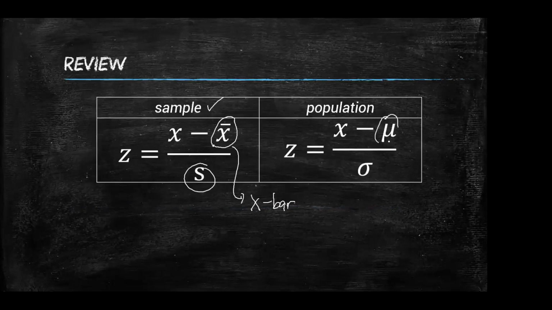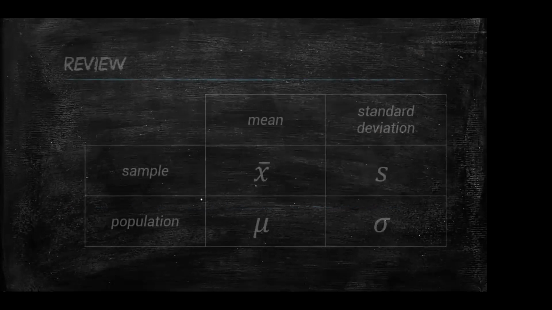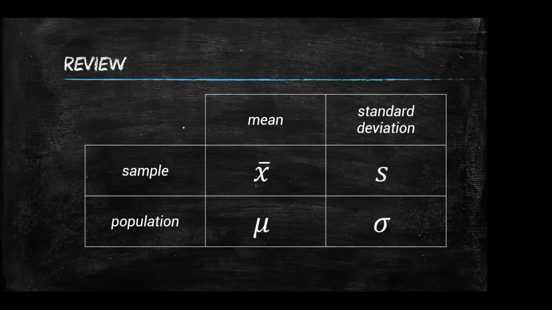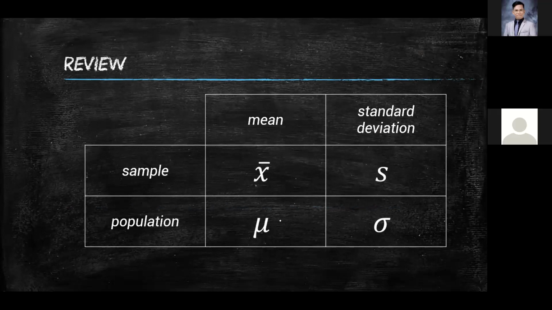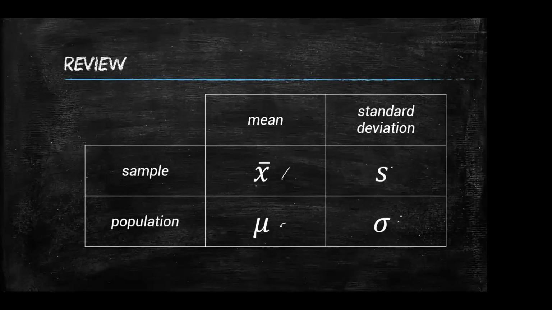Kung this is our mean and this is our standard deviation, similar lang din siya dun sa kabila. As you can see, these are the symbols for mean: x bar and mu. And for standard deviation, we have s and sigma.